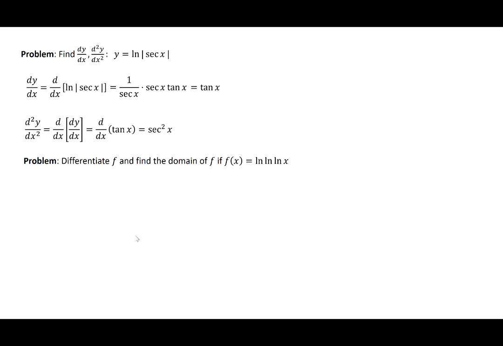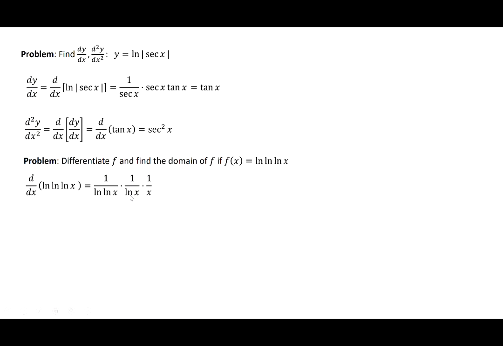Okay. Well, this is as simple as natural log of u. What is u? This inside stuff, natural log of natural log of x. That part is the u. So the derivative of natural log of u is 1 over u times the derivative of u itself, the derivative of natural log of natural log of x. Well, that's natural log of u1.